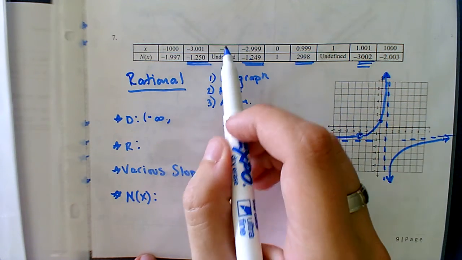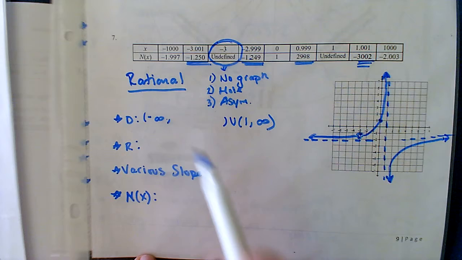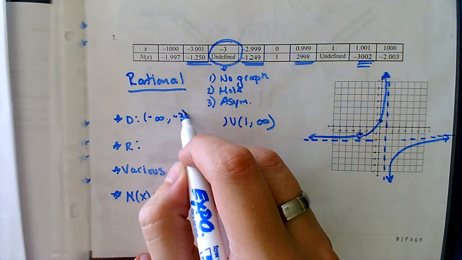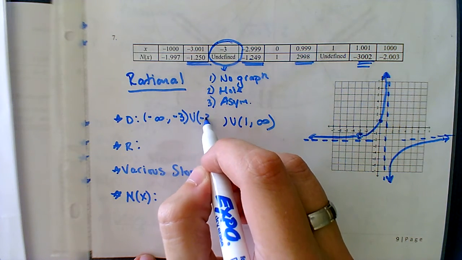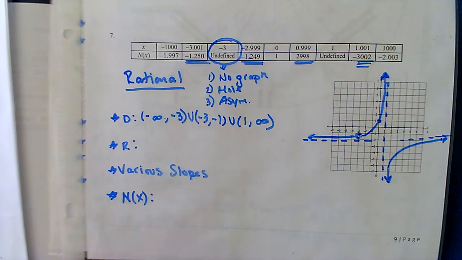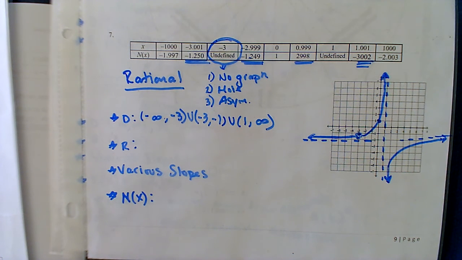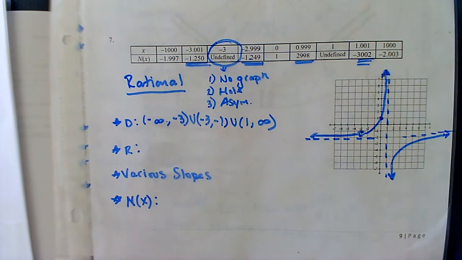We can't touch that hole. Remember, it's undefined. There's nothing there. So negative infinity to -3, union -3 to -1. Good. Are we okay with that? We got to be careful with those holes and asymptotes.